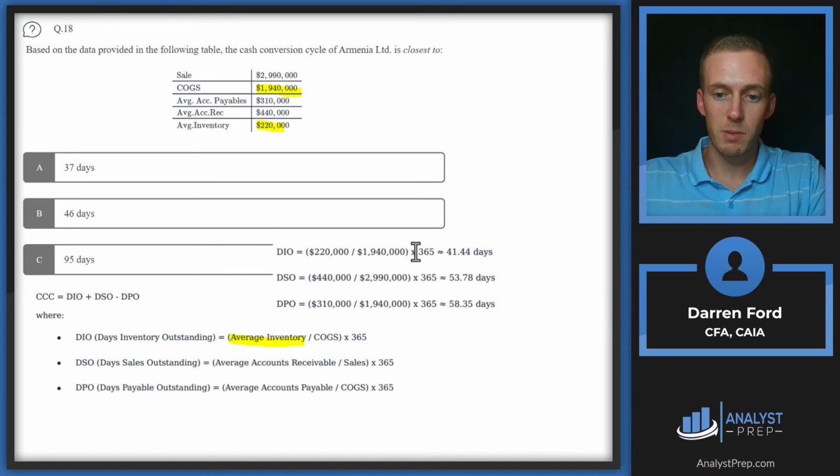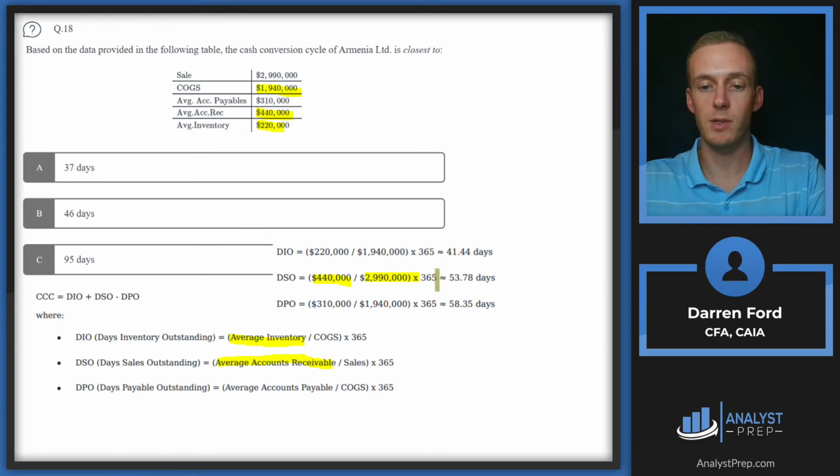Then we multiply that by 365, which is what we're doing on all these in order to convert it to days, since that's what the answers are asking for. For days sales outstanding, we've got our average accounts receivable over sales. So we've got that 440 in average accounts receivable over the sales number, 2.99 million, which we have here. Again, converting that to days by multiplying by 365.